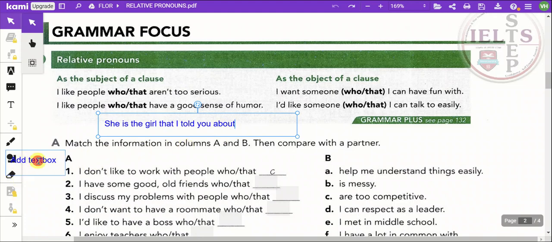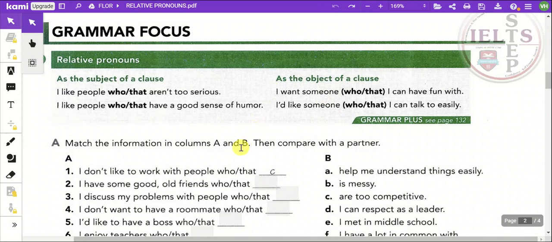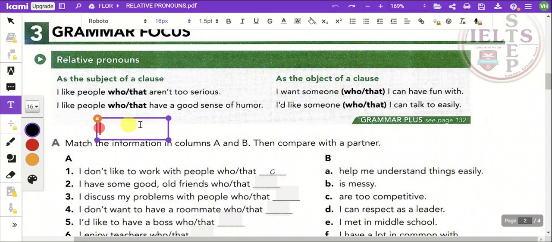¿Ok? Y como puedes darte cuenta, no es el mismo sujeto. En este caso, primero dije she y luego dije I. Entonces tenemos dos sujetos diferentes. ¿Ok? Y prácticamente esto sucede porque en inglés, para poder conectar estas dos oraciones, tenemos que usar una palabra que nos dé el sentido de lo que estamos hablando y que conecte ambas cláusulas. ¿Sale?